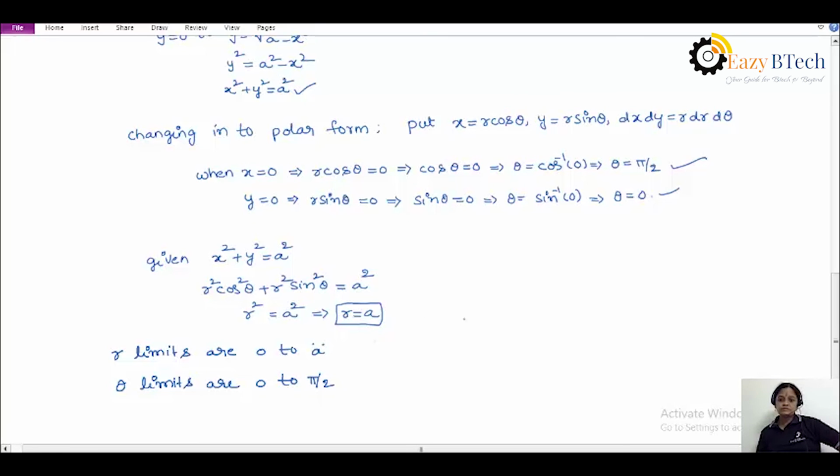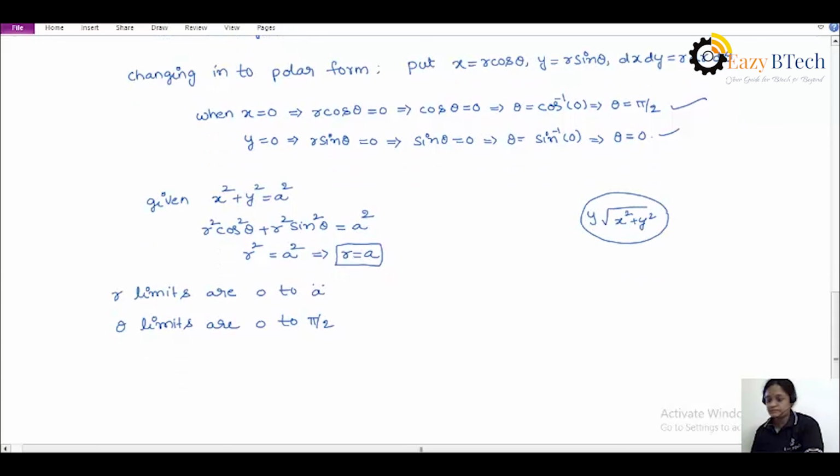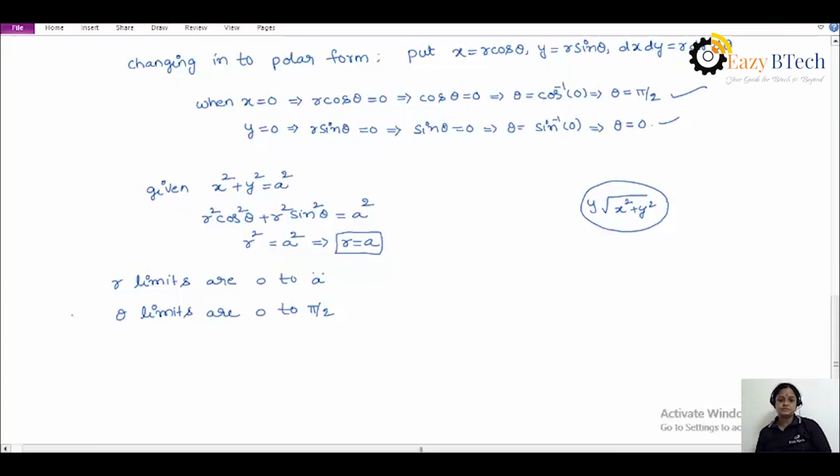Okay. And the question was given here. The question is y into root of x square plus y square. This is the integrand term. Then you have to change this integrand term in terms of r and theta, because here we are changing Cartesian form to polar form. Then I am writing the r and theta limits: r is equal to 0 to a and theta is equal to 0 to pi by 2.